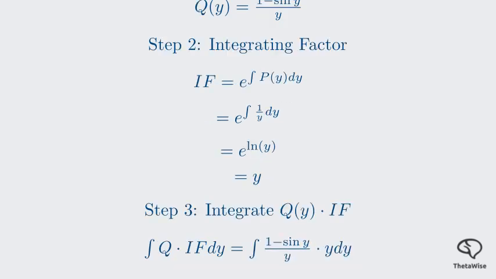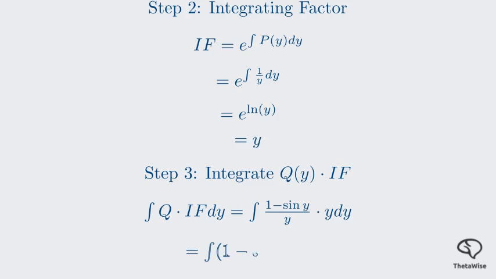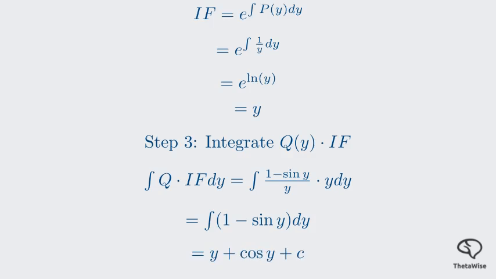We need the integral of Q times I with respect to y. As before, the y in the integrating factor cancels the denominator in Q. This leaves us with the very simple integral of 1 minus sine y dy. The integral of 1 is y, and the integral of negative sine y is positive cosine y. So our result for step 3 is y plus cosine y plus c.